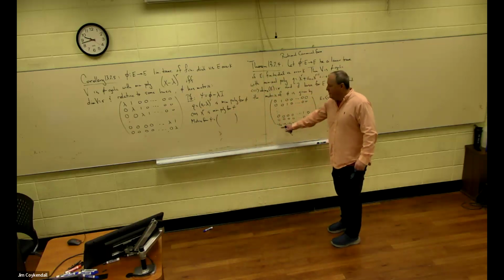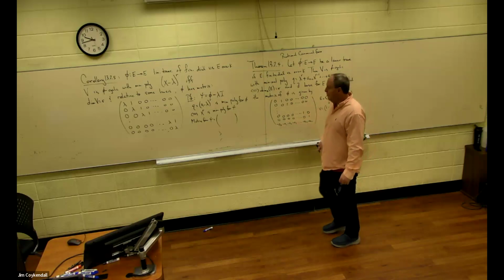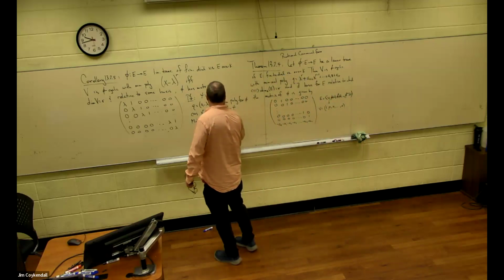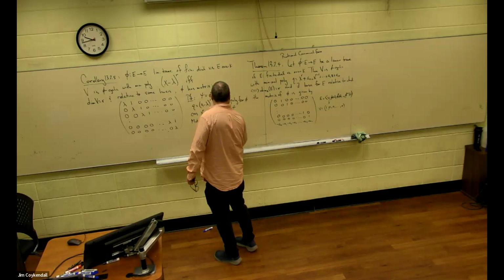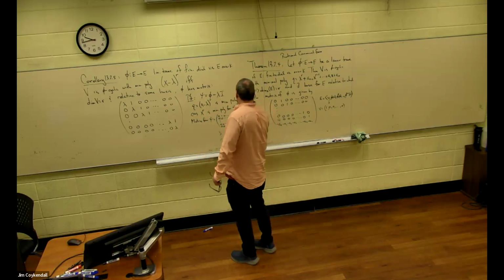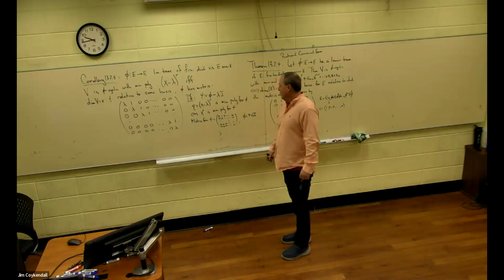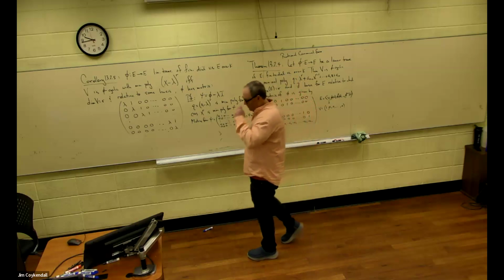What would the matrix look like? Well, the minimal polynomial is x to the r, right? That means I've got zeros all across the bottom here. That's the matrix for this. And phi is the pitchfork plus lambda I. So now just add the lambda I here and you get the canonical form that we have here.